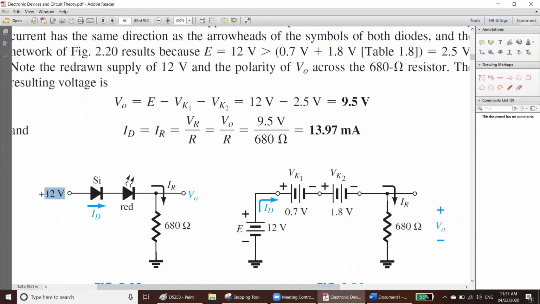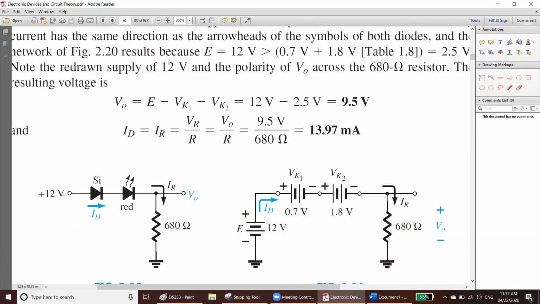Your source was 12 volt, and your 2.5 is already gone. So how much are you left with? You are left with 9.5 volt, because your VO will be E minus VK1 minus VK2.